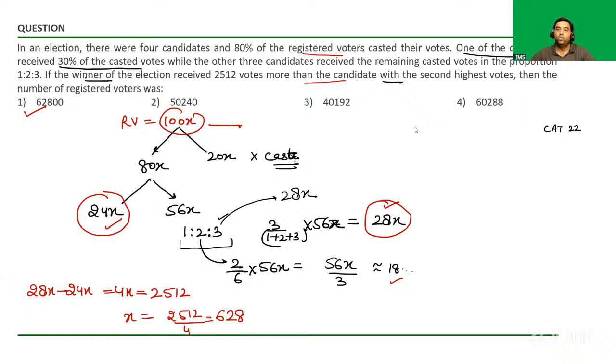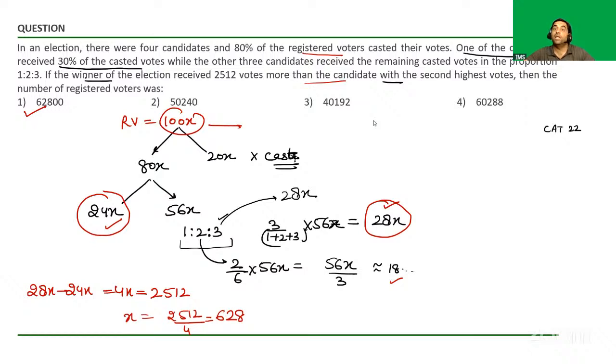If you observe the question very carefully, I know out of the total number of voters, 80% cast their vote. And the number of people who have cast their vote cannot be a fraction or a decimal. So the total number of registered candidates has to be such that the 20% who have not cast and the 80% are both integral values.